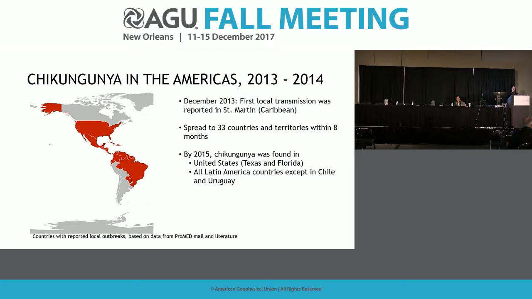Within 8 months, chikungunya spread to 33 countries and territories. And by 2015, there were local cases in all of the Americas, including the United States, in Texas and Florida, and all of Latin America, except Chile and Uruguay.